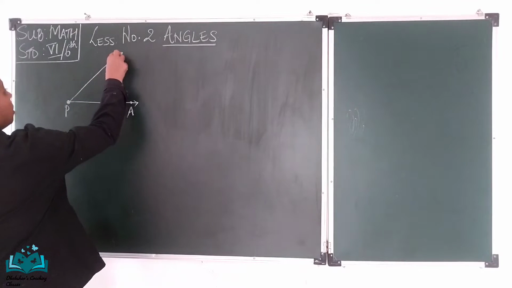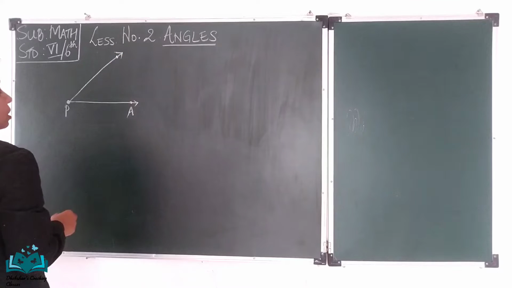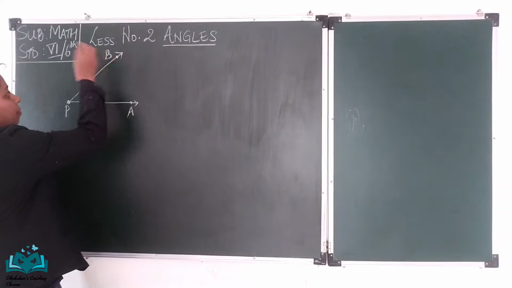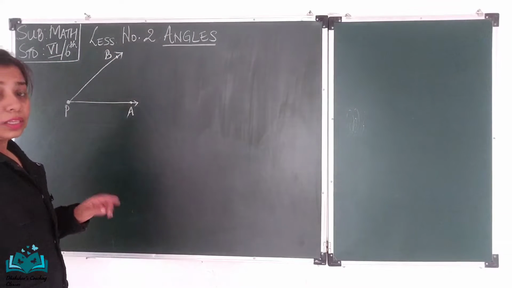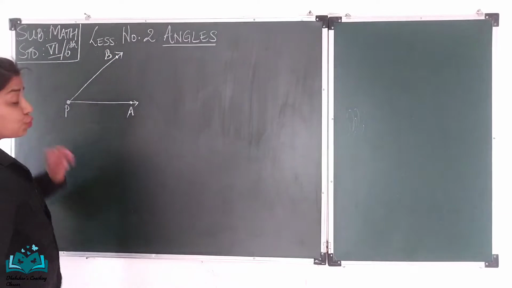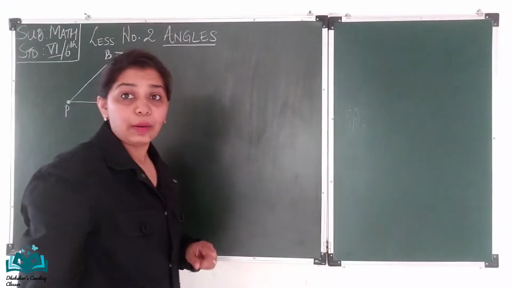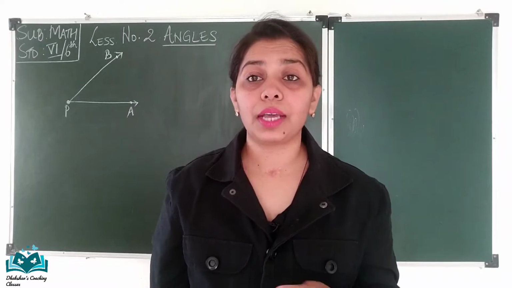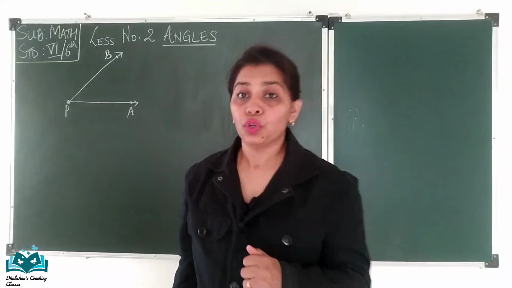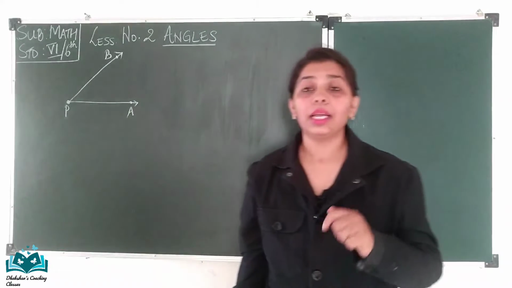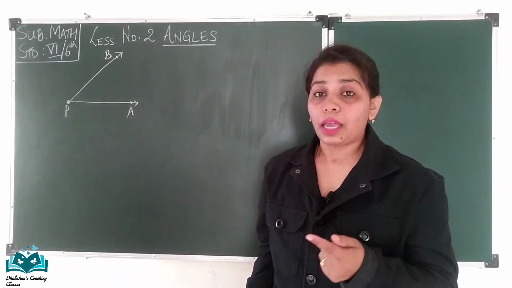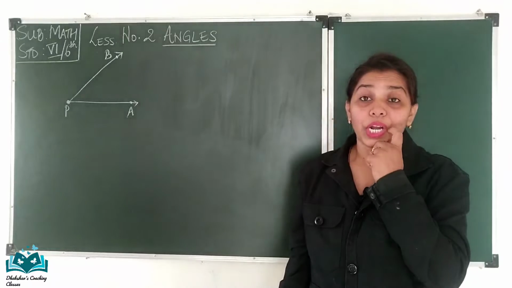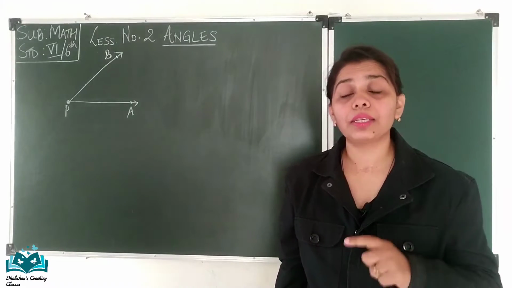Another line originating from the same point P. This is how there are two lines which originate from a single point, that is P, and make an angle. So, an angle can be drawn of different measures. There are different types of angles as well.